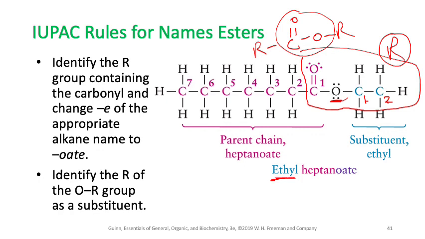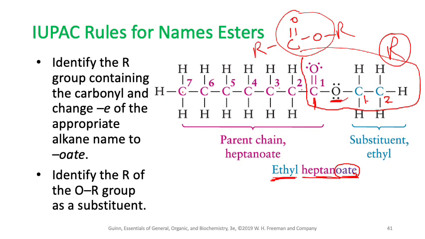That's why the substituent is ethyl. What's the parent chain? We have to include the carbonyl carbon: 1, 2, 3, 4, 5, 6, 7. 7 is heptane, but the ending is not ANE, it is OATE. So heptanoate. So ethyl heptanoate. This is how you normally name an ester.